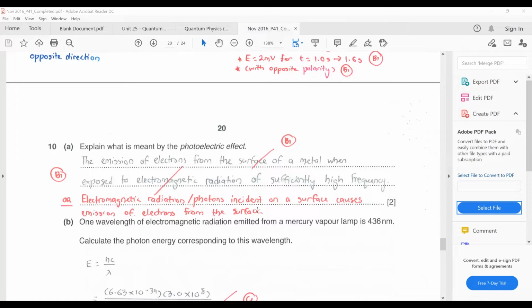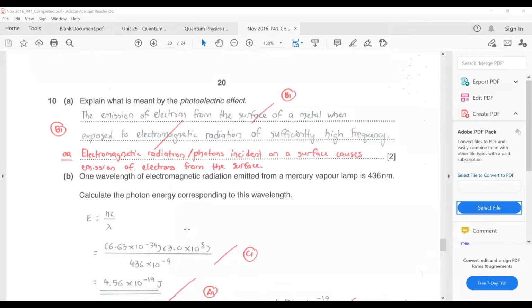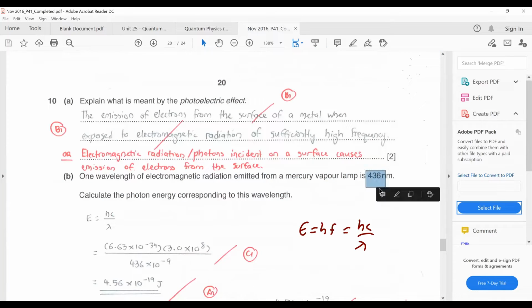Then they tell you one wavelength of EM radiation emitted from a mercury vapor lamp is 436 nanometer. Calculate the energy of a photon corresponding to this wavelength. As I mentioned just now, E can be hf, E can also be hc over lambda. Since they give you wavelength here, you might as well just use the equation with wavelength.